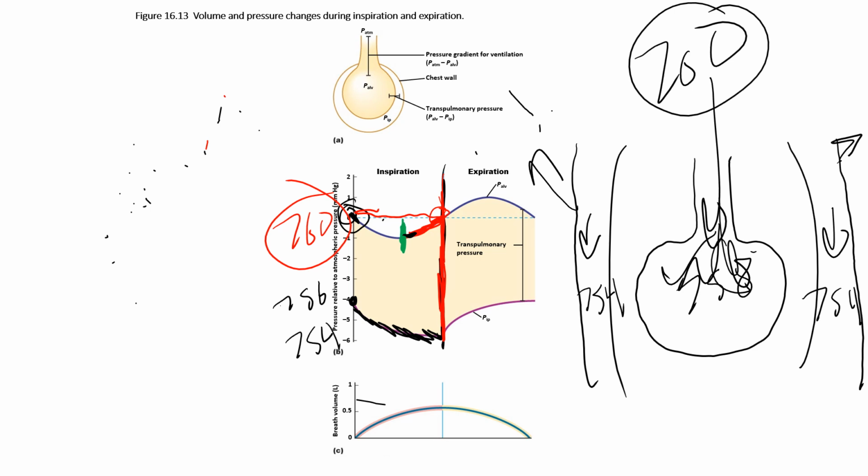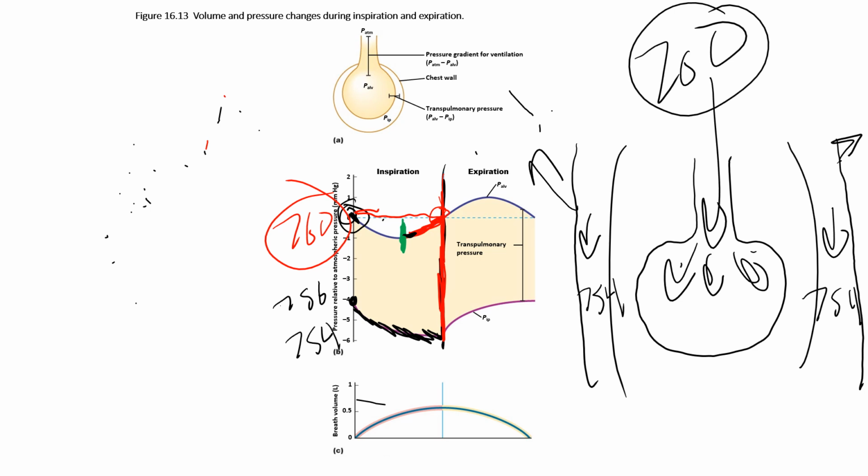This is causing air from the atmosphere to move into the lungs due to this pressure gradient. And as air is coming from the atmosphere into the lungs, what's happening? More and more air is filling in the lungs, in the alveoli. More and more air is getting packed into these alveoli.